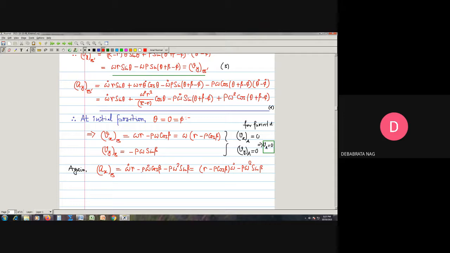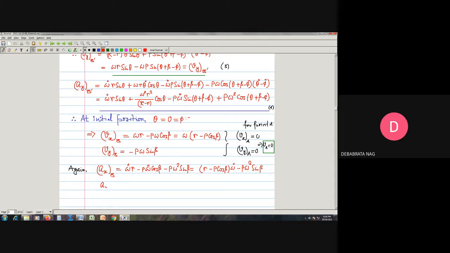Then it will be wrong, because these are instantaneous expressions. They cannot be differentiated. You need to differentiate an expression which is generally a function of time. Now this is not a function of time expression, because you see every parameter here is constant. So you cannot differentiate this expression to get the acceleration. So this is a common mistake people often make. Now this is for the x component of acceleration that we are getting for the point B at the initial configuration.